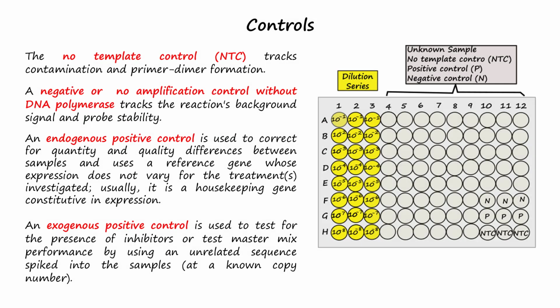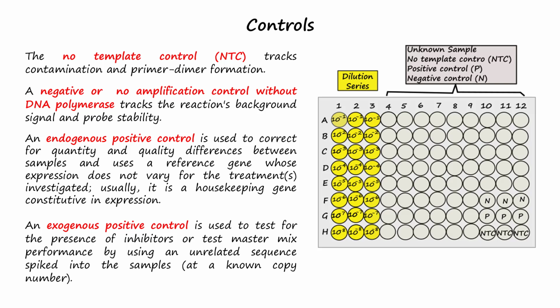Confirming the validity of results also requires controls. The no-template control, NTC, tracks contamination or primer-dimer formation. A negative or no amplification control, which has no DNA polymerase, tracks the reaction's background signal and probe stability.